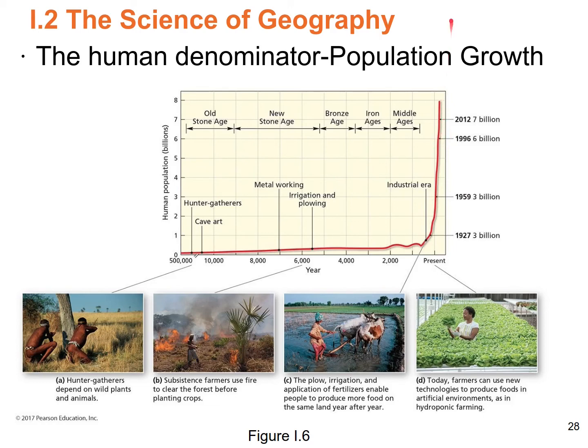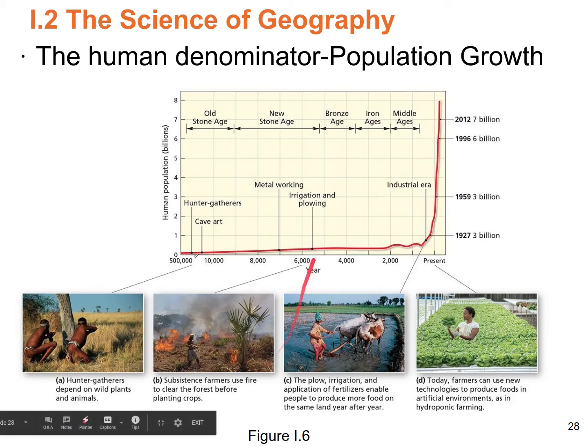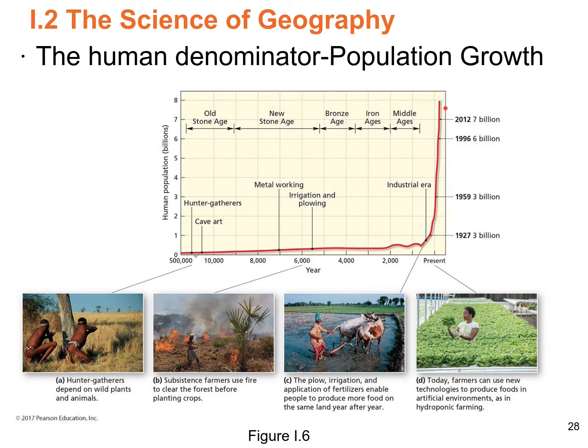We're on our way to 8 or 9 billion. But you can see the growth, years before present. So here you've got 0, 2000. Most of the population growth is recent. In fact, from the time that I was born until the present, we have more than doubled the population of Earth. So much of this population growth has been very, very recent.